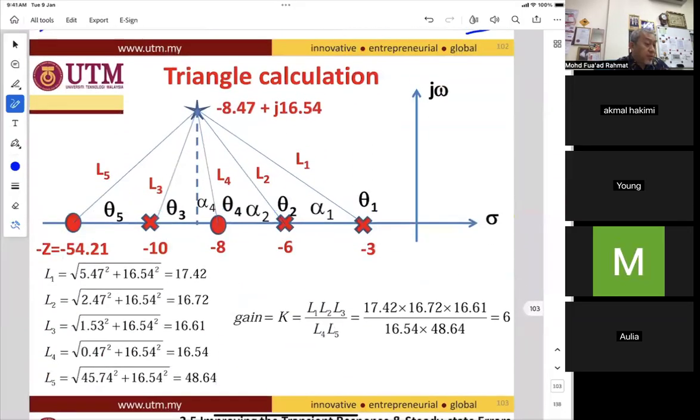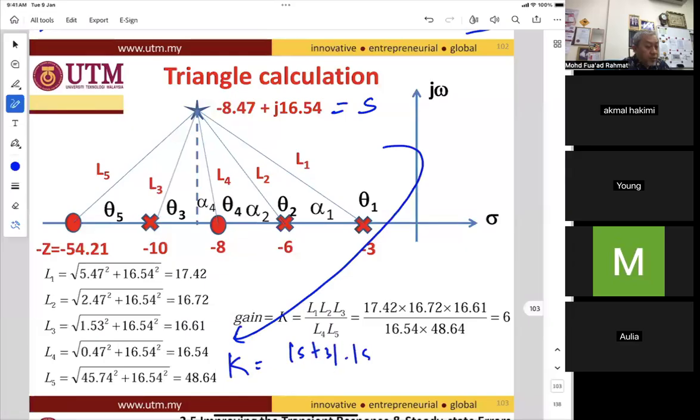So completed, and then we calculate the gain as here. This one is using Pythagoras theorem, but you don't have to do that. You assume this one as S. Then you insert inside the K value, which is S plus 3, S plus 6, S plus 10 over S plus 8 and S plus 54.21.